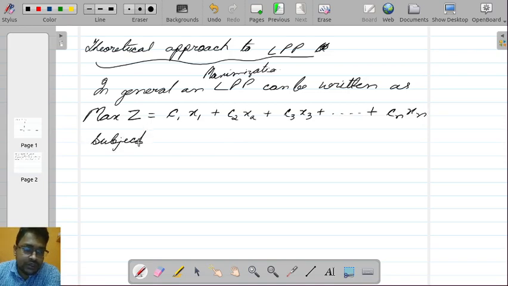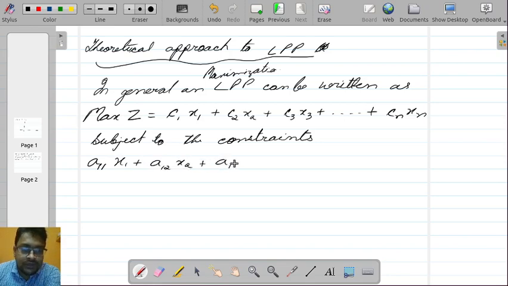Subject to the constraints. I do not know how many constraints there are, so in general I will assume that there are m constraints. For the first constraint I write it this way: a11 x1 plus a12 x2 plus a13 x3 plus dot dot dot up to a1n xn.